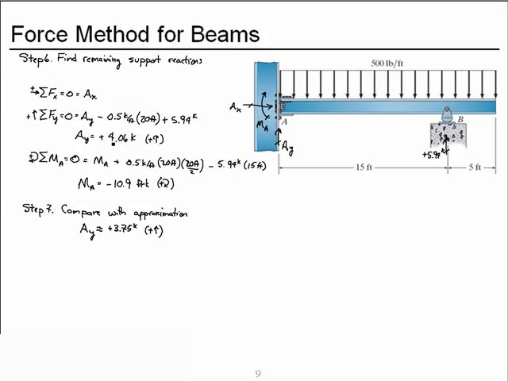We calculated using the force method 4.06 kips. Those are reasonably close. BY we said would be approximately 6.25 kips up, and we calculated 5.94 kips up.